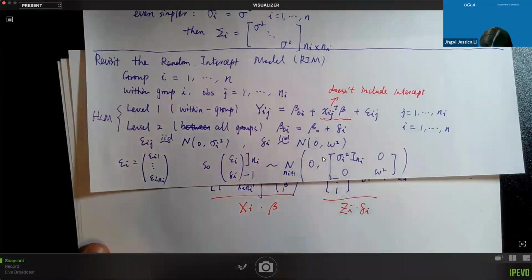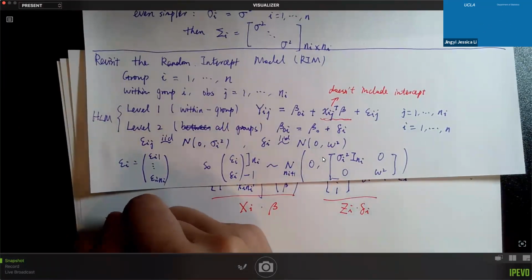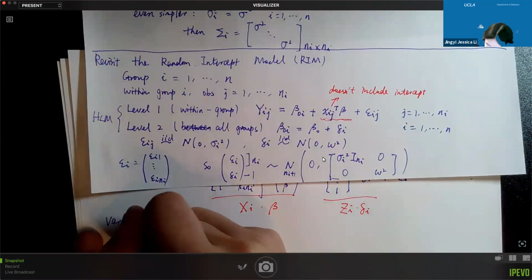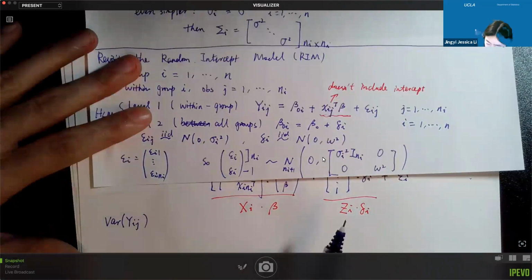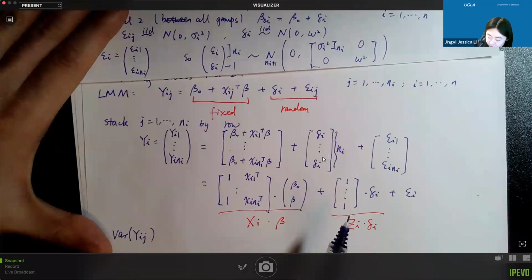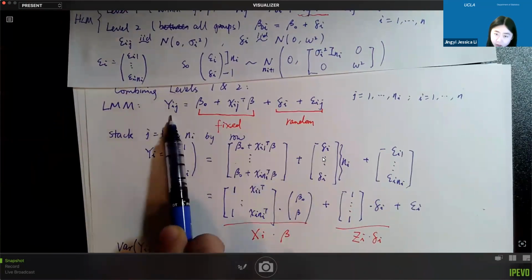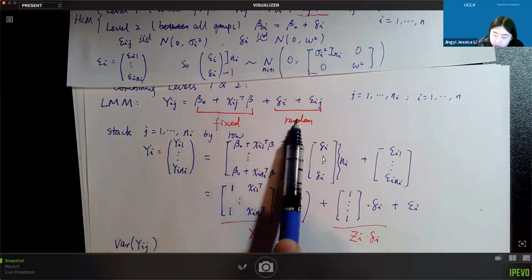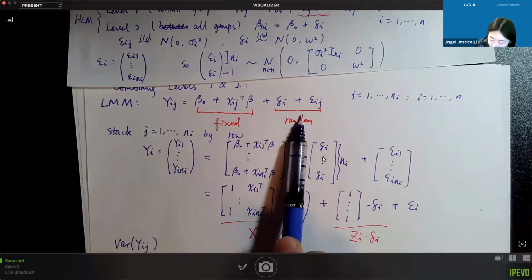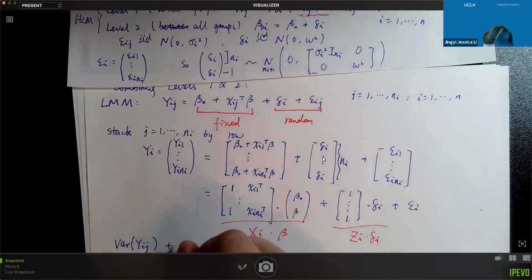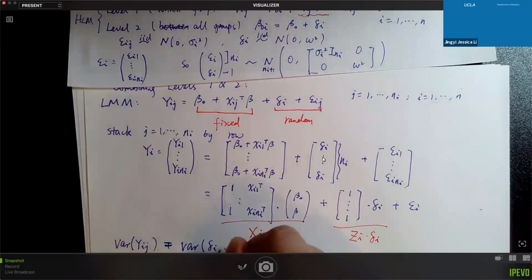So what is the variance of Yij in this linear mixed effect model? Probably it's easier to see here. You see, the variance of Yij only comes from the random part, that is delta i plus epsilon ij, right? It has nothing to do with the fixed part. So it's the variance of delta i plus epsilon ij.